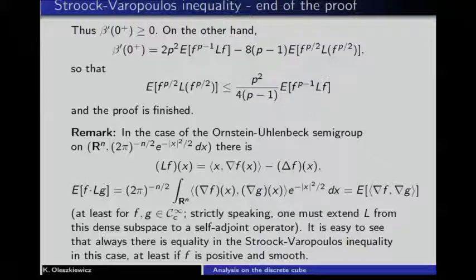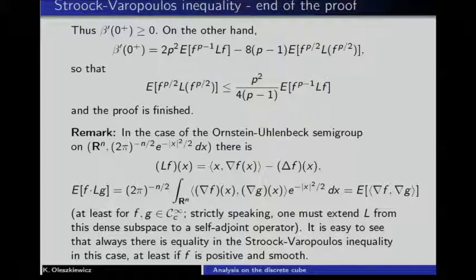And I think even on Ornstein-Uhlenbeck, if you get a function that takes value 0, it's not strictly positive, but it takes value 0, and the gradient behaves very strangely in the proximity of 0, you can also get something that is not equality any longer, right, in the limiting case. But if you are bounded away from 0 and the function is smooth, then the Stroock-Varopoulos will just change into equality for the Oleszkiewicz.